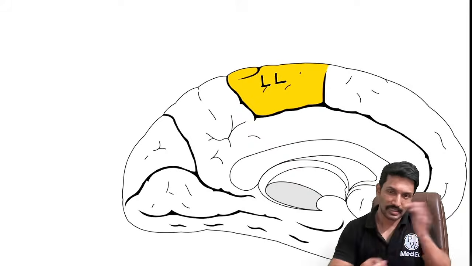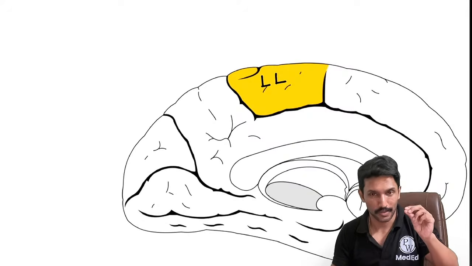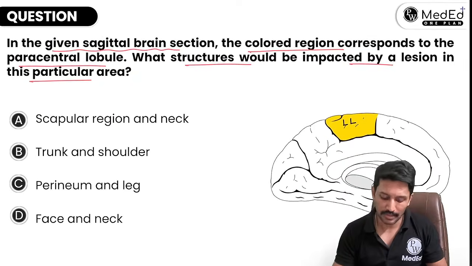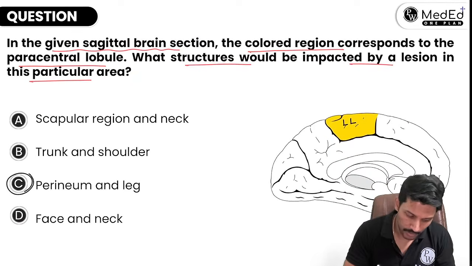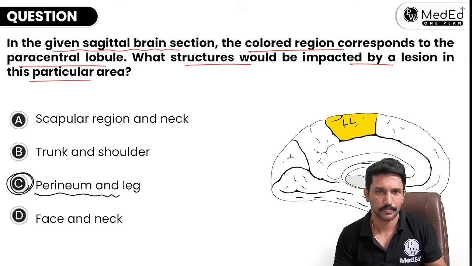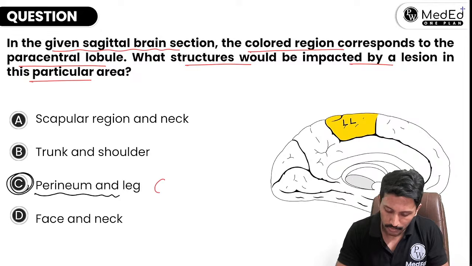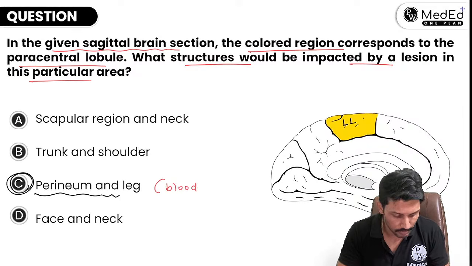On the lateral inferior side is where you have the representation of the upper limb and face. So if this gets affected, you will have predominant involvement of perineum and leg. And you also know that the blood supply to this area comes from the anterior cerebral artery.